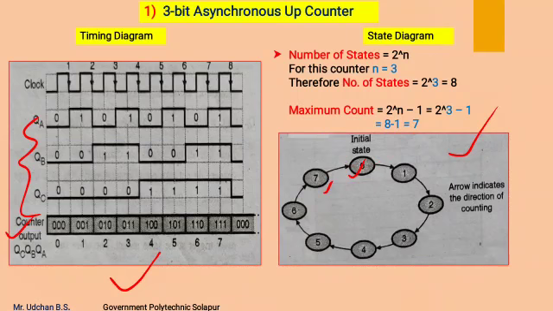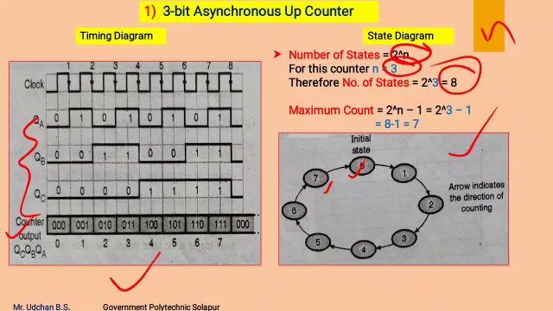Now the number of states can be calculated using the formula 2 raised to n, where n is the number of flip-flops used in the counter. Here there are 3 flip-flops, it is a 3-bit counter, so 2 raised to 3 gives you 8.